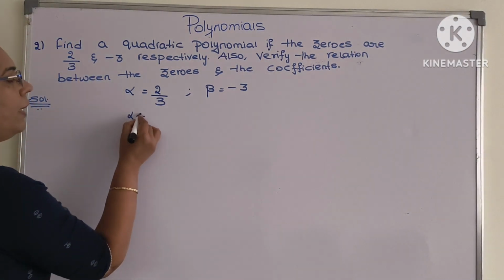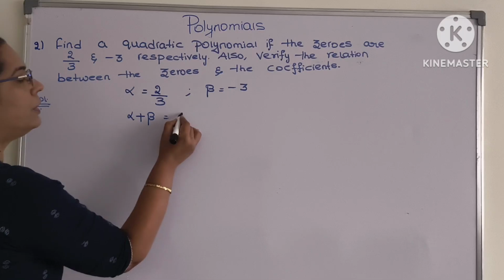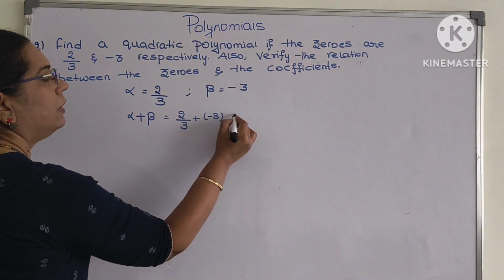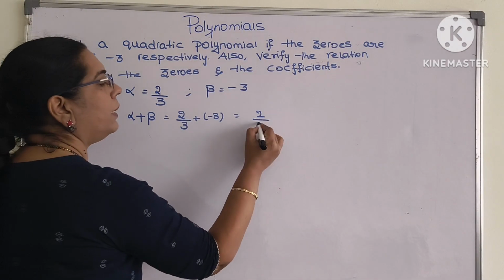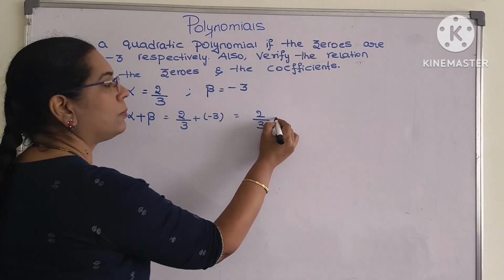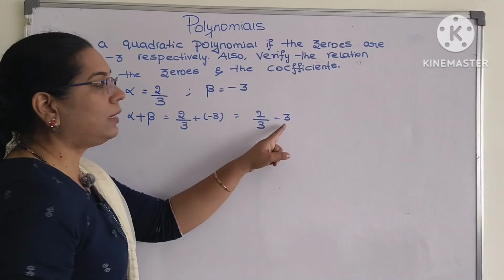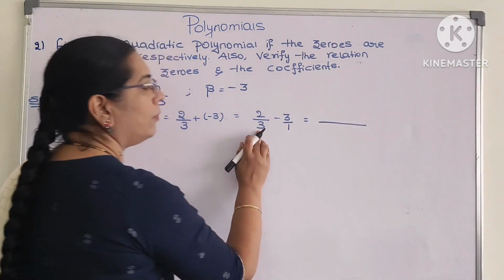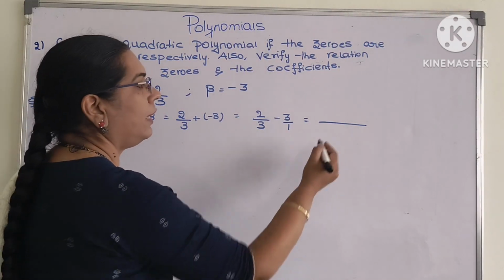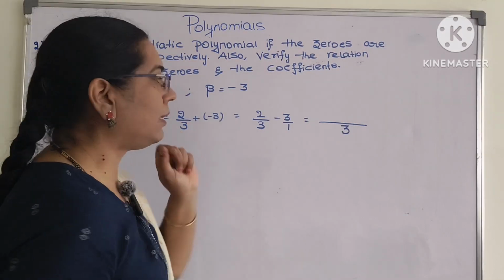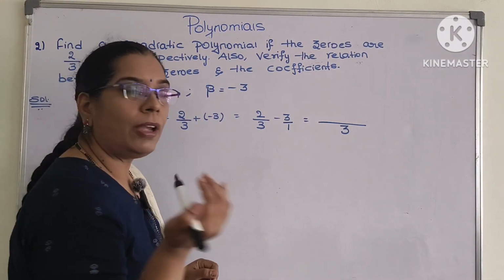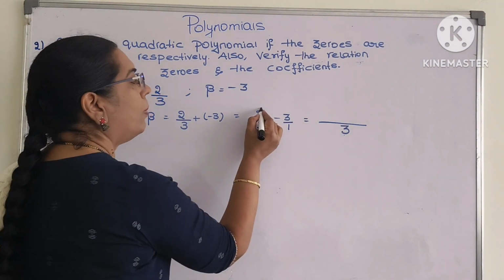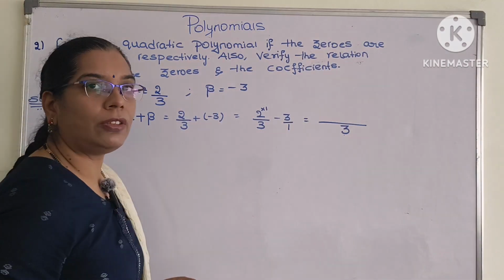For that, first find alpha plus beta, which is 2 by 3 plus minus 3. This can be written as 2 by 3 plus minus 3, and 3 can be written as 3 by 1. So take the LCM. What is the LCM of 3 and 1? The LCM of 3 and 1 is 3. Think like that: 3 multiplied by what will give you the LCM? 3 multiplied by 1, so multiply its numerator with 1.